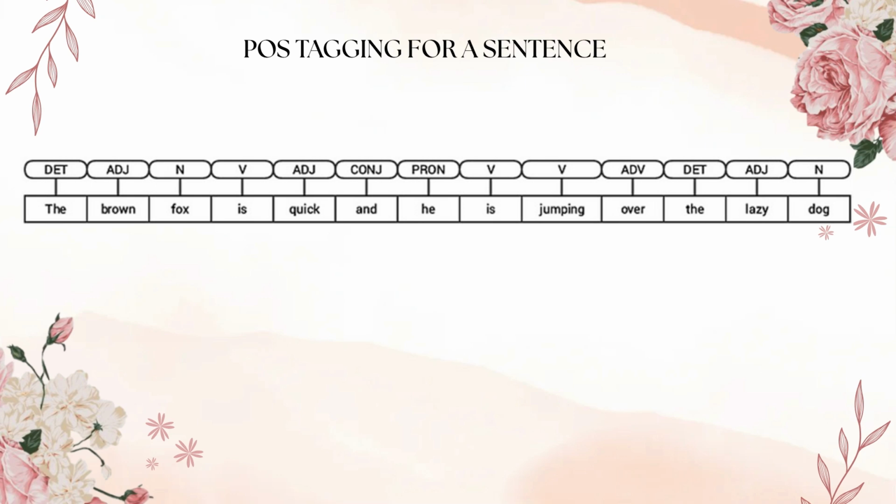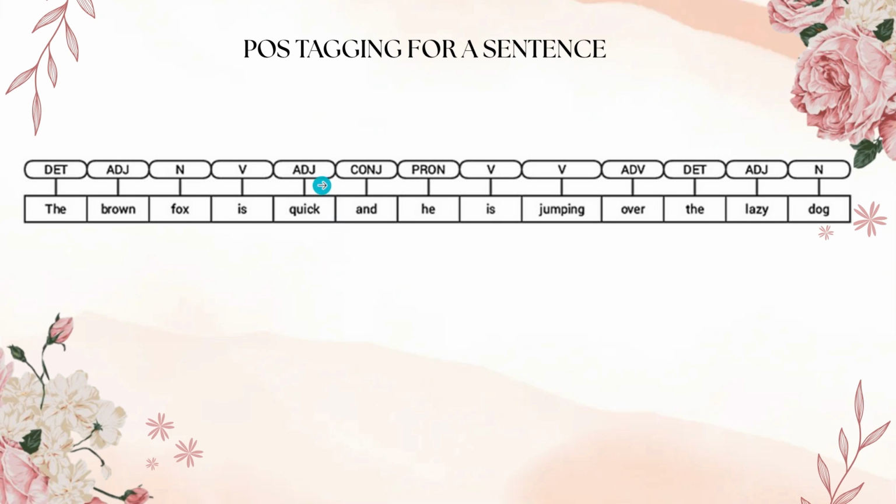Then second is verb. Verbs are usually used to describe certain actions or states or occurrences. There are a wide variety of further subcategories also, such as auxiliary or reflexive or transitive verbs. In this example, we can say running and jumping are examples of verbs.